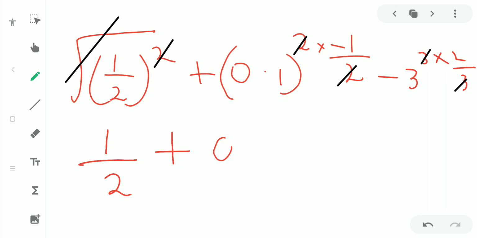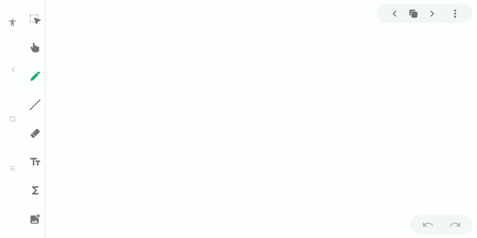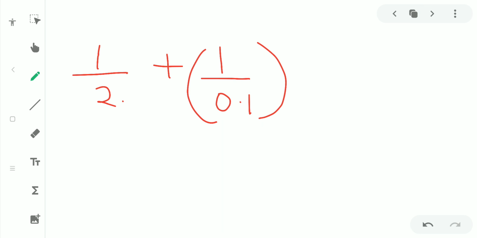plus 0.1 whole power minus 1 into 3 square. Minus 3 square. Now 1 by 2 plus 1 by 0.1, I am applying the law over here, a power minus m is equal to 1 by a power m.